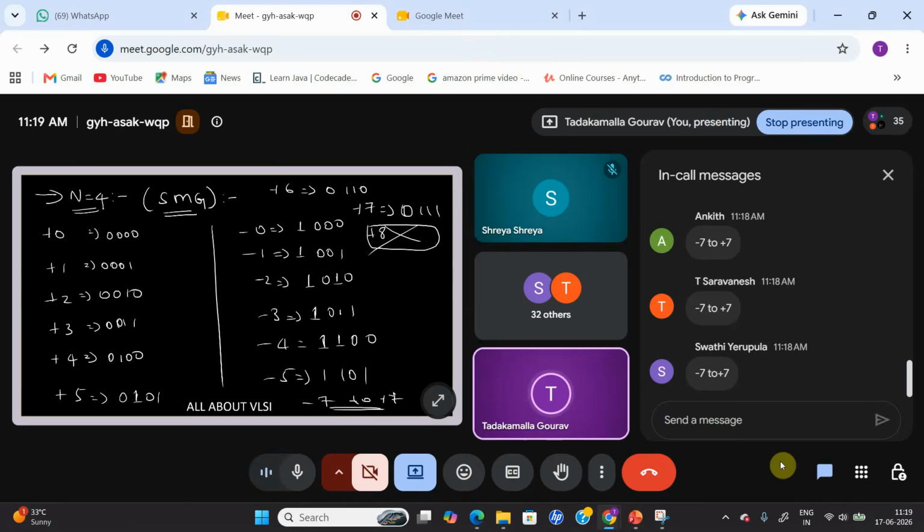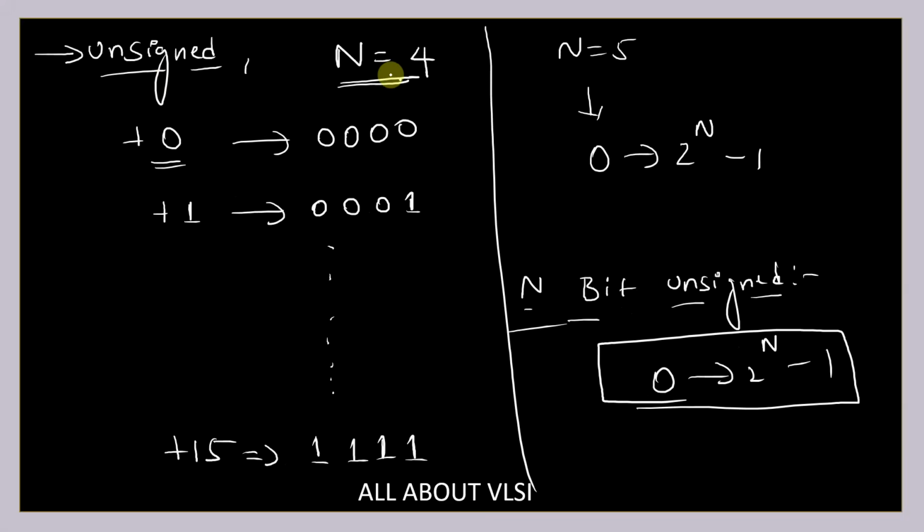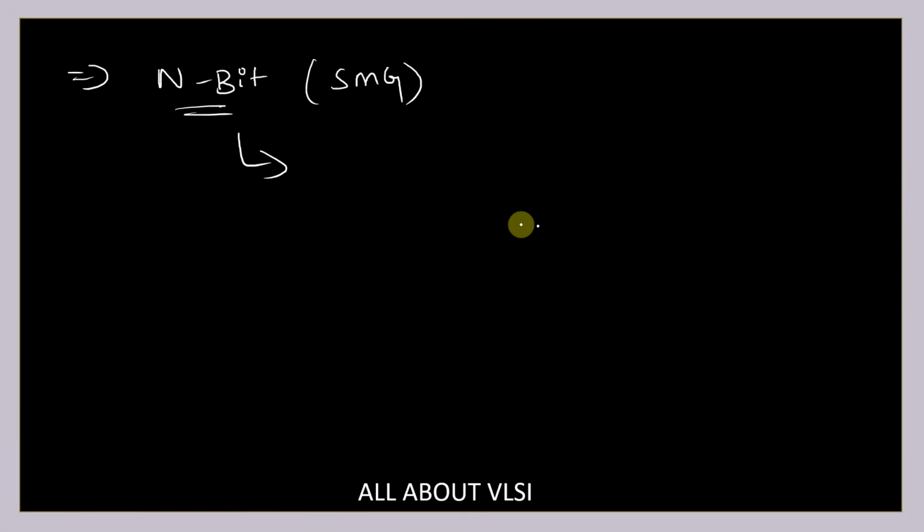Now, for the generalized equation, suppose we have an n-bit number. What is the range of numbers which we can represent in SMG format? In the case of unsigned numbers, we have seen that for an n-bit number the range is from 0 to 2 power n minus 1. So what is the range in the case of SMG format?